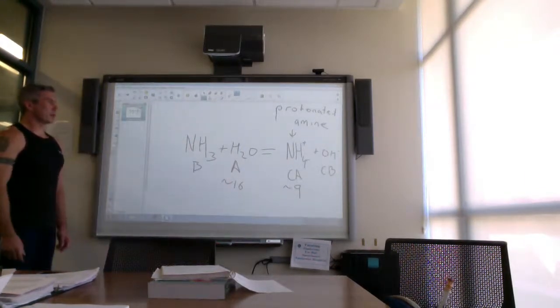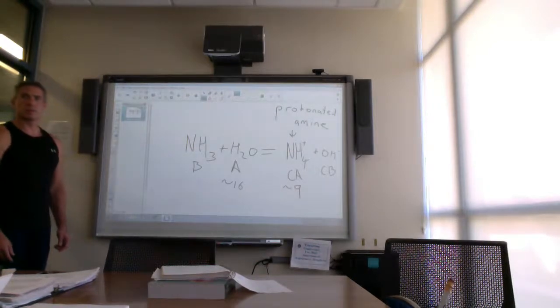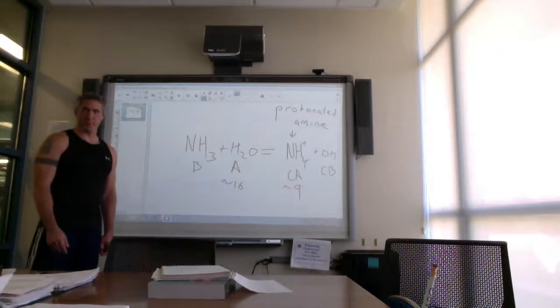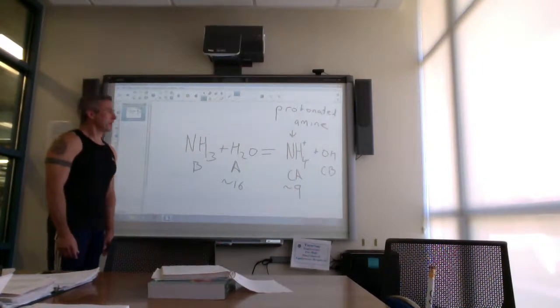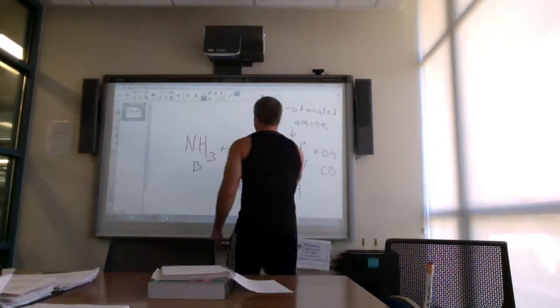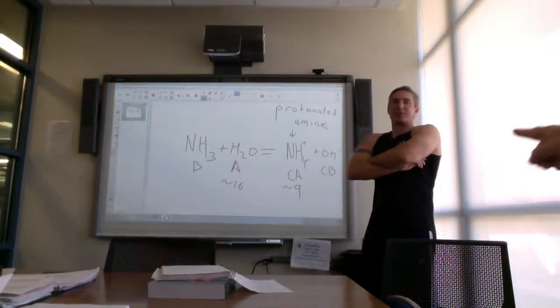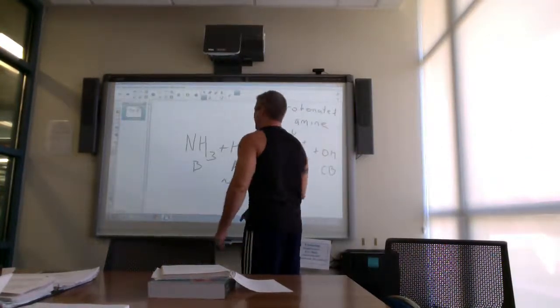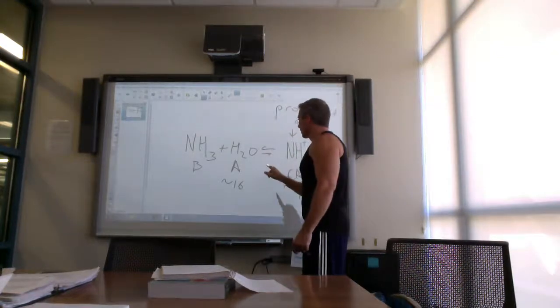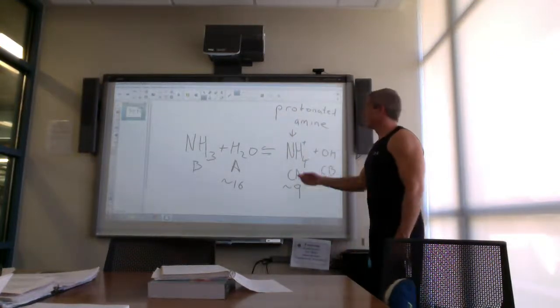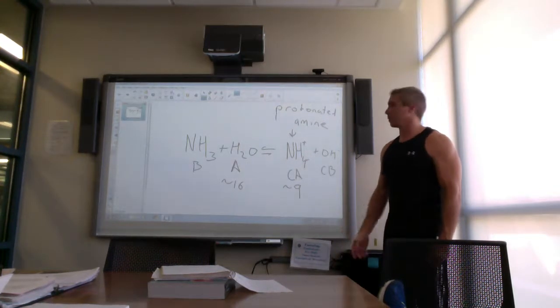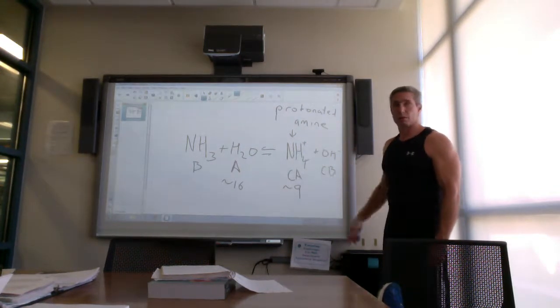Which side should it favor? Reactants. Bigger line, smaller line. Looking at it, it also makes sense. Things that make acids stronger, charges.